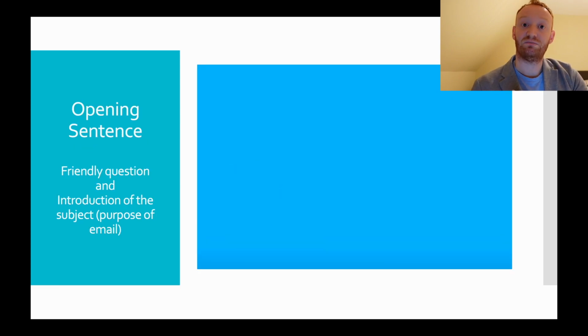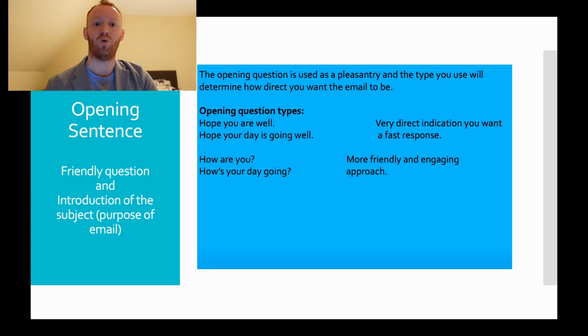So the next section is the opening sentence. For this we need a friendly question and we're going to introduce the subject of the email, the purpose. Why are we writing this email? The opening question is used as a pleasantry and it's a type that you will use to determine how direct you want that email to be.